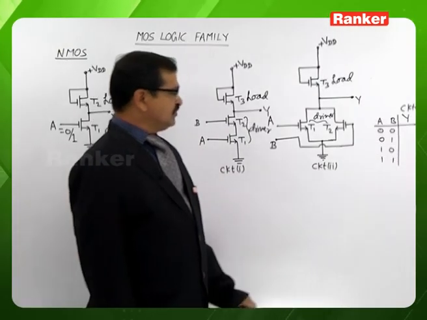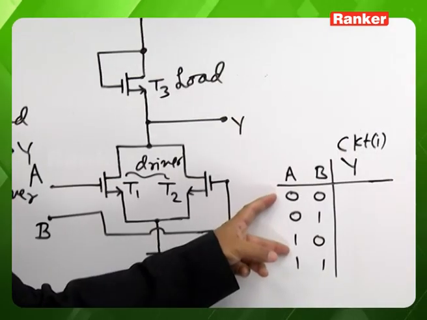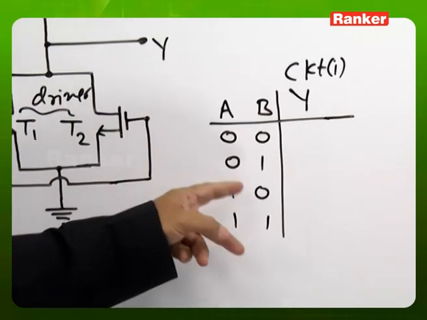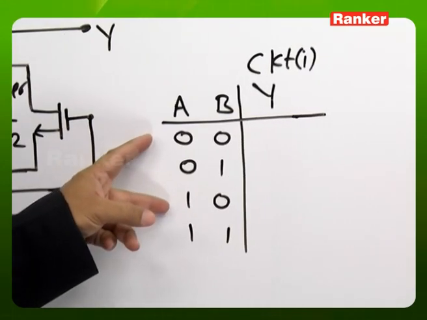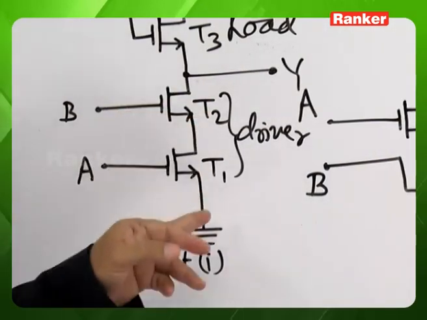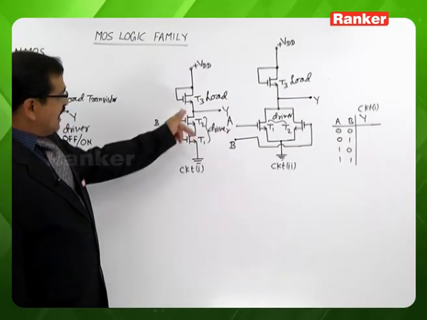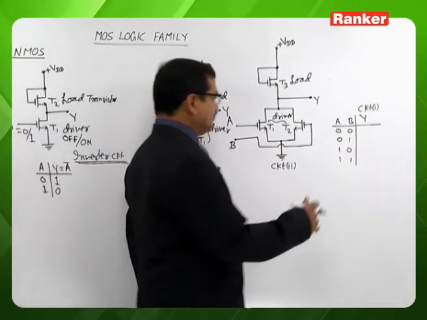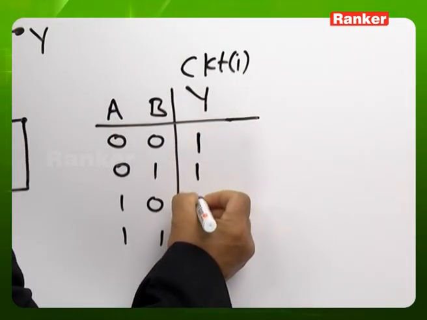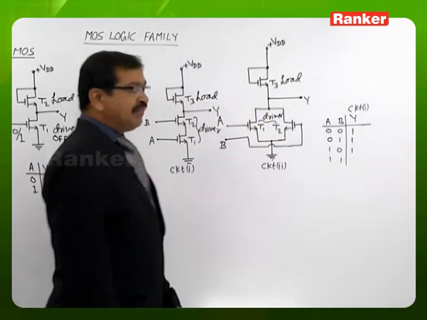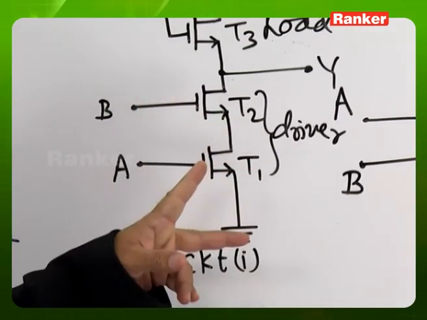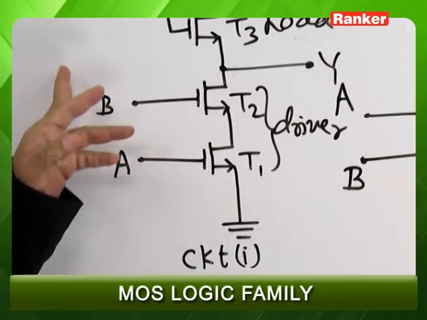So we can see now from this table, for the first three rows, at least one of the inputs is 0. Whenever at least one of the inputs is 0, then it is guaranteed that one of the transistors will be in the off state. Once one of T1, T2 is off, then output will be, as we said, +VDD, which we look at in terms of logic level as 1. And T1 and T2 both being on is possible only whenever A and B both are 1.